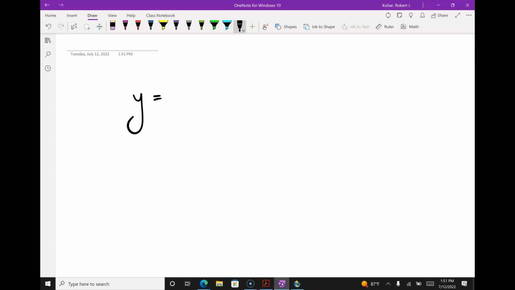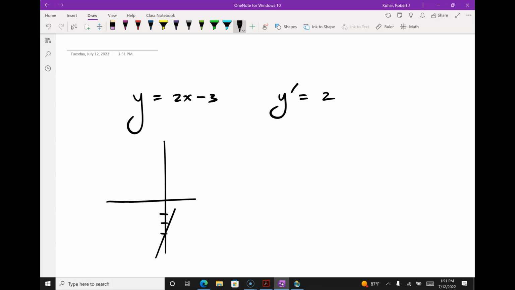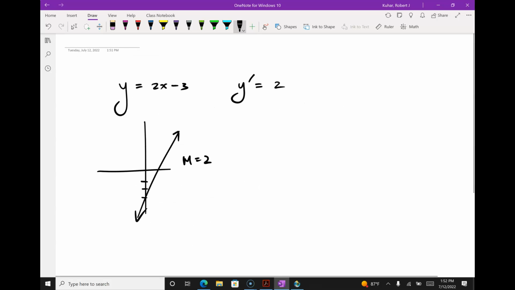If y equals 2x minus 3, what's y prime? Anybody know it just by looking at it? 2? Yep. Makes sense, right? Remember that y prime, or the derivative, or f prime of x, is the slope, right? So the limit as h goes to 0 of what?